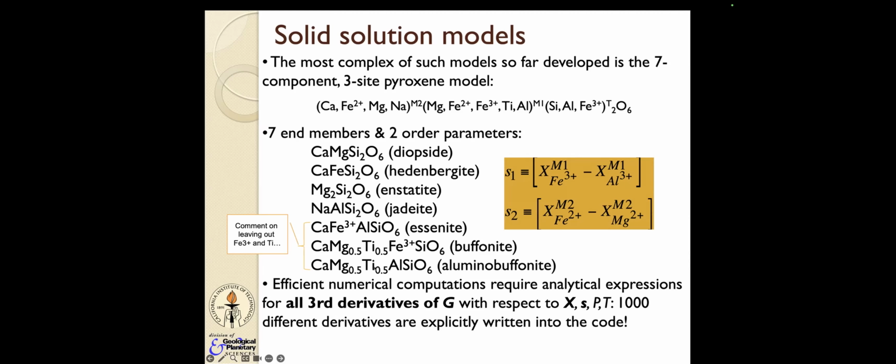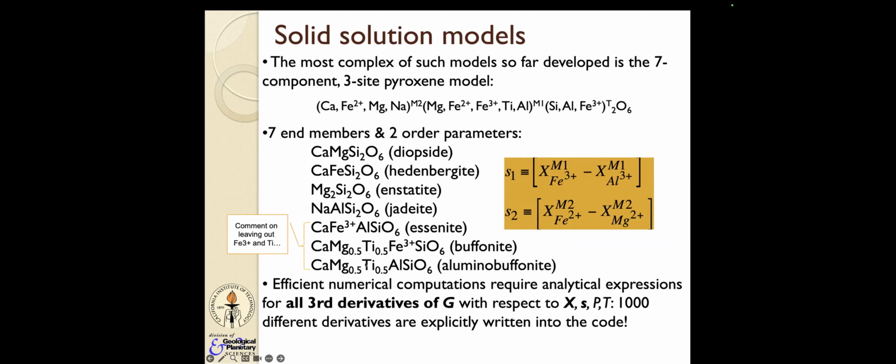So each of them has two of those elements, and by linear combinations of these three, you can get whatever amount of those three elements you want. And some of these components will be negative, and that is fine, as long as it corresponds to a zero or positive amount, a non-negative amount of the actual ions on the sites.